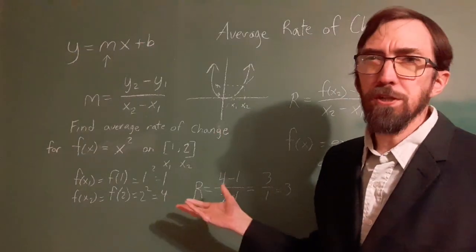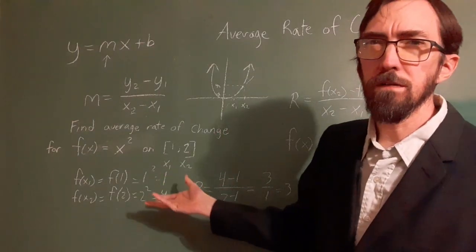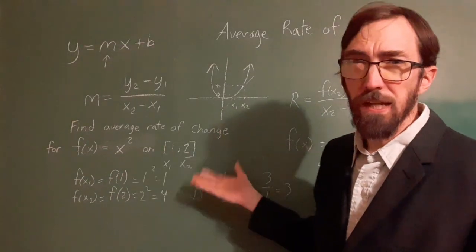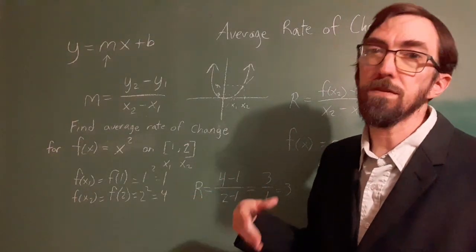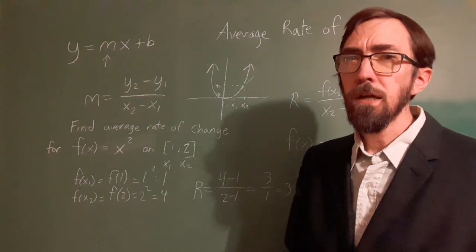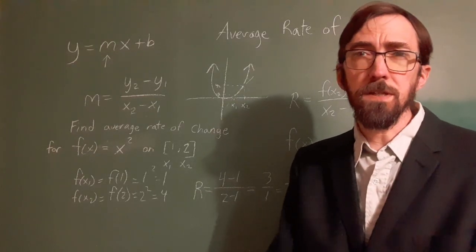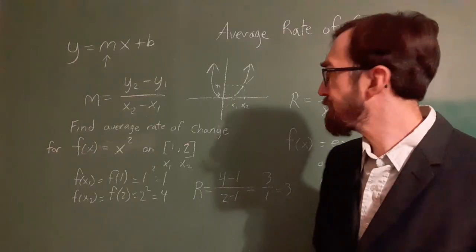Because our definition for derivative is essentially the next step beyond this average rate of change, because we want to have an instantaneous rate of change, and that's really what the derivative in calculus gives us.